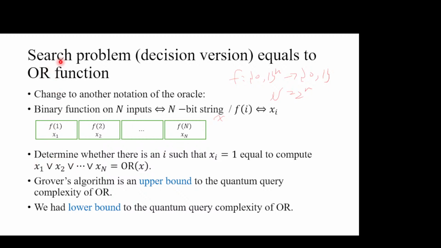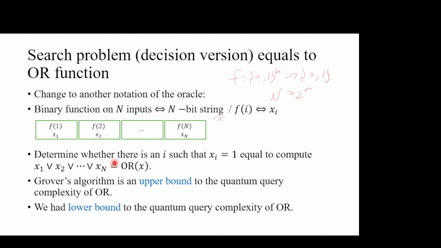The third problem we are doing is we are trying to find whether there is an i in this big string x such that xi equals 1. A logical way to compute this is to OR together every bit of your x. So you have x1 or x2 or ... or xn. This OR of x will equal 1 if there is any 1, because the OR function outputs 1 when any input is 1.